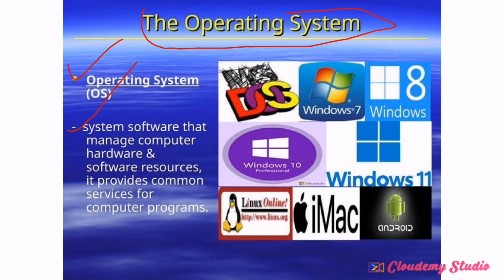Because Windows 10 is more advanced, you cannot advance from Windows XP to Windows 10 or Windows 8. Sometimes maybe, but that is the old model, and according to the version and the processor, it cannot allow you to install Windows 10. So they also vary with the processor and the version of the computer. Okay, we don't just select anyhow.